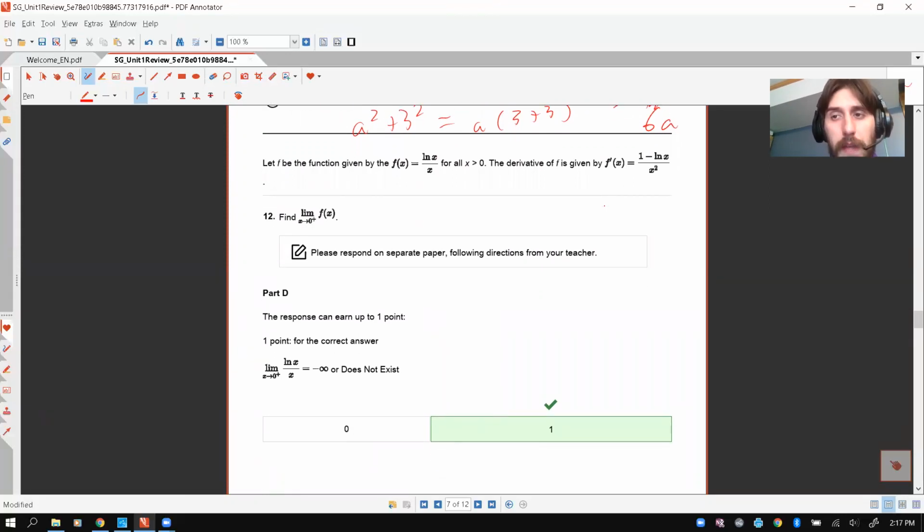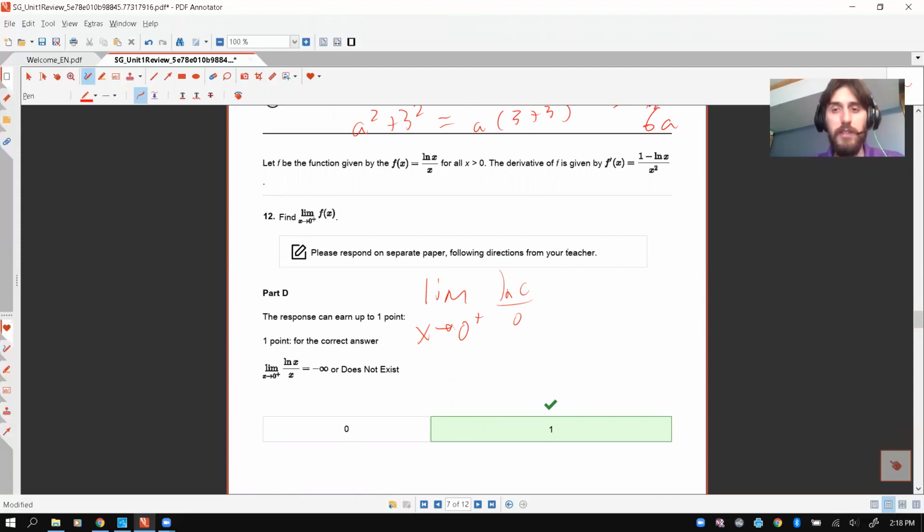In order to do that, we would directly substitute. Our first thing we would try is direct substitution. If you do the limit as x approaches 0 from the right and directly substitute, you'll get the natural log of 0 over 0, which doesn't tell us anything because that's not in the domain. We can't take the natural log of 0.